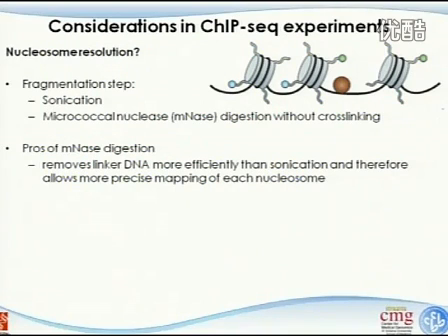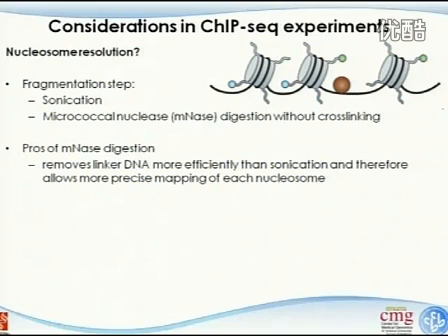The good thing about using MNase for the digestion is that it removes the linker DNA more efficiently than sonication. If you set your conditions well, the chromatin will be broken down into smaller pieces, and your cutting will occur in those linker DNA regions.